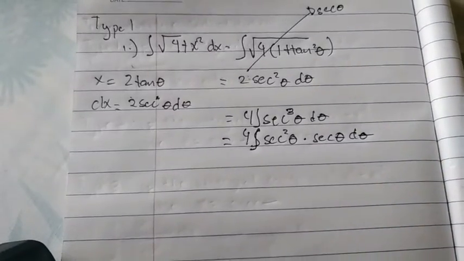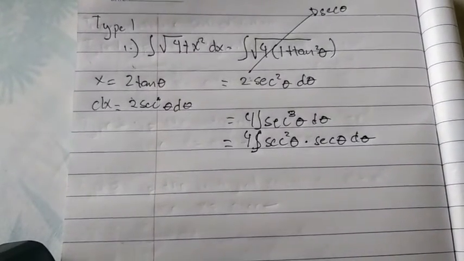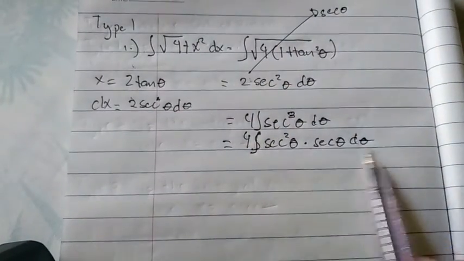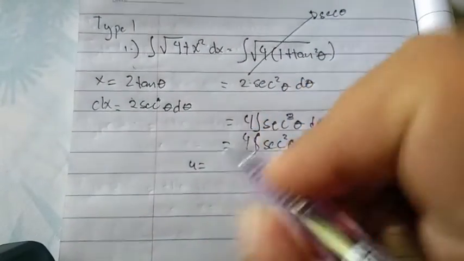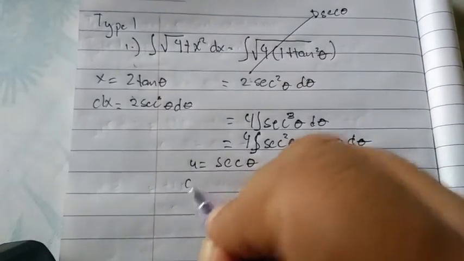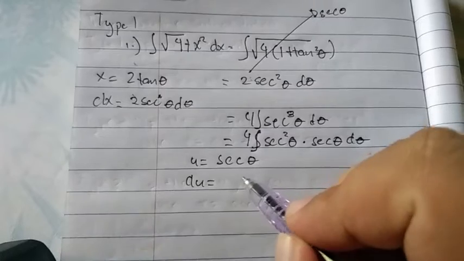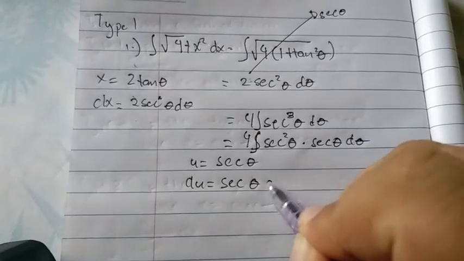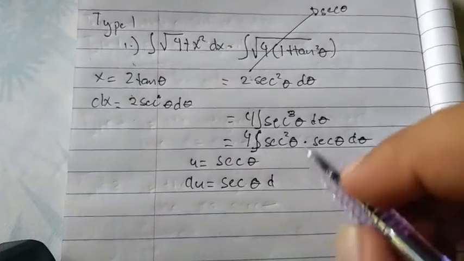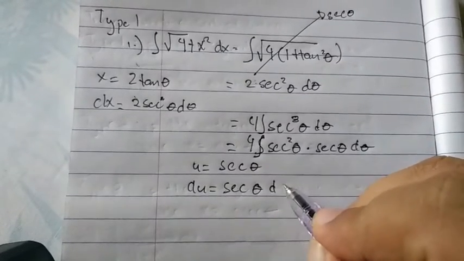Then we're going to get u, the derivative, and v. The u of this will be sec theta, du equals sec theta tan theta d theta.